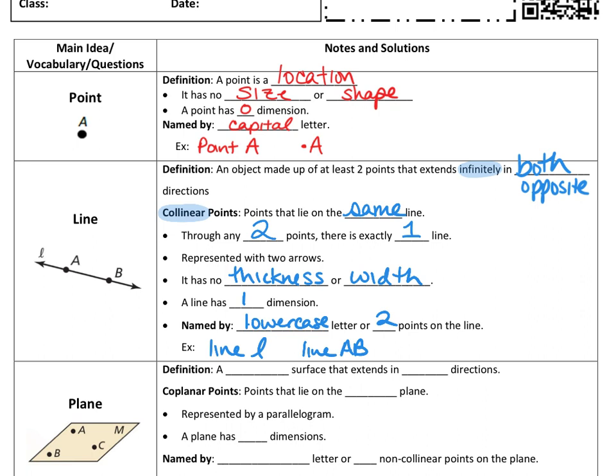Or you can use the symbol AB with a straight up line with arrows on top of it to indicate that line. So however you want to call the line, that's great. You're going to have line L, lowercase, probably cursive for me. Line AB, since A and B are both on that line, or the symbol AB with a straight up line and arrows on top of it. That's how we talk about a line.